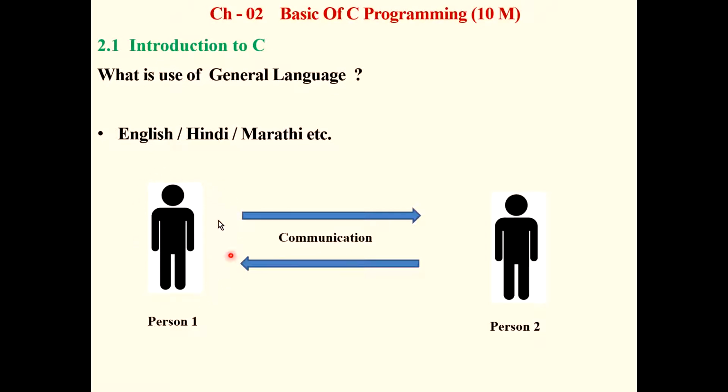Between two persons we can communicate by any general language, to transfer our thoughts, to transfer our information or to get information from someone. So for that we use general languages. This is the use of general language.